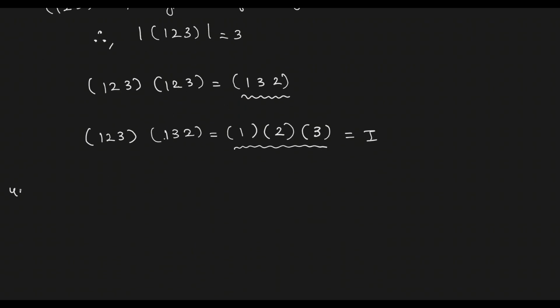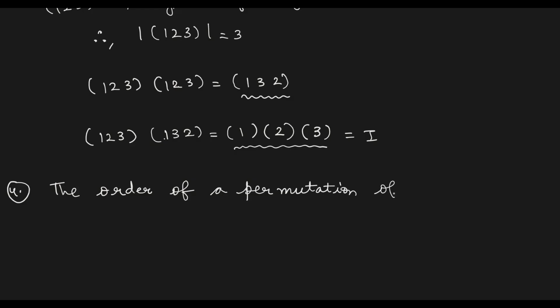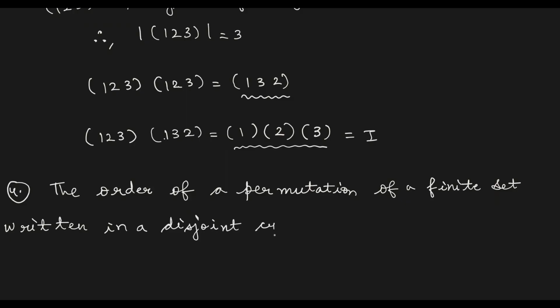Next, the order of a permutation of a finite set written in disjoint cycle form is the LCM of the lengths of the cycles.